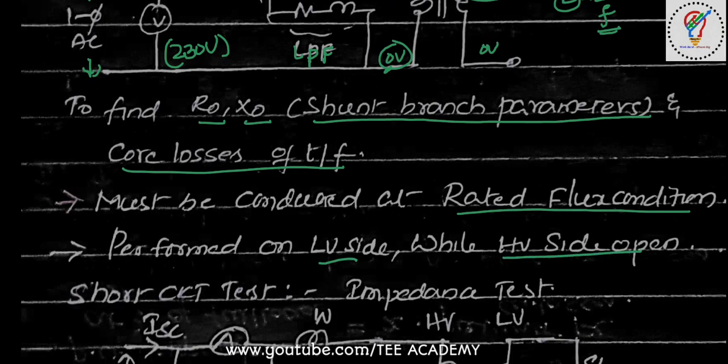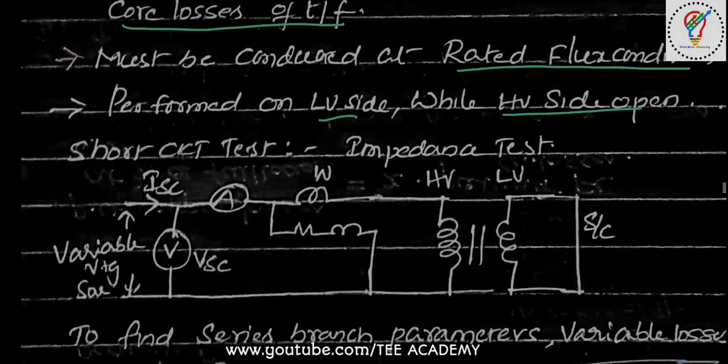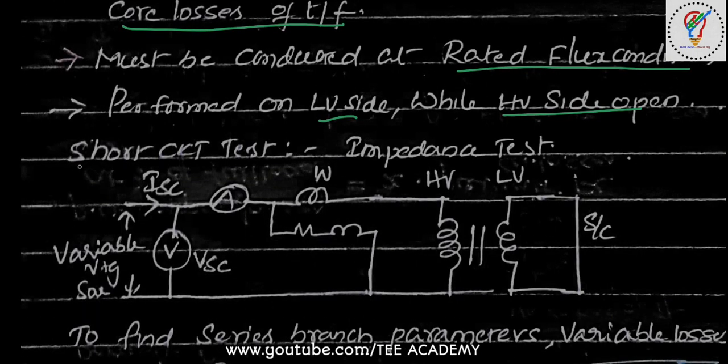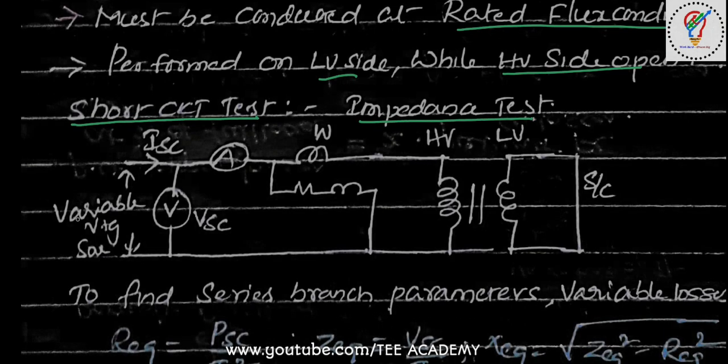The shunt branch parameters we already discussed in the previous topic. Now the short circuit test is also known as the impedance test. In the impedance test, we take a dimmerstat or autotransformer, a variable voltage source, of around 30 to 45 volts.